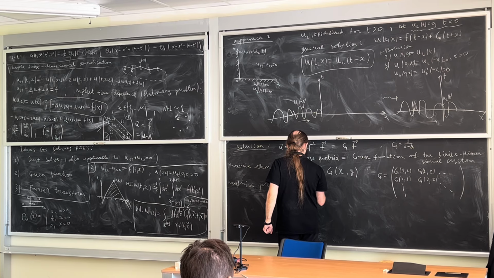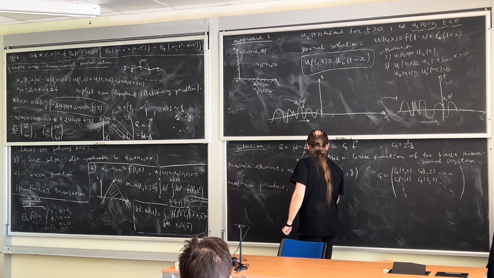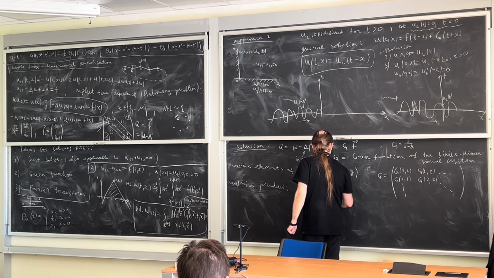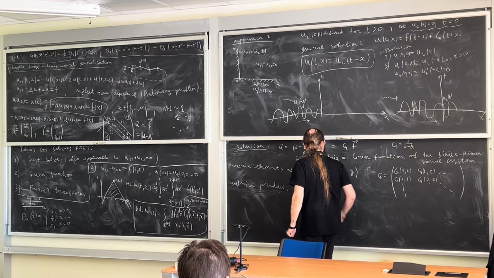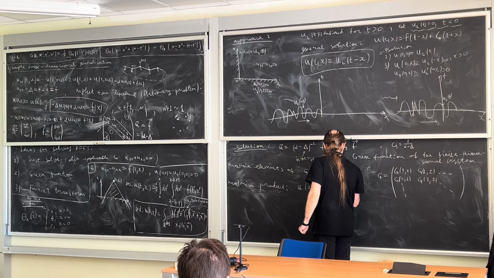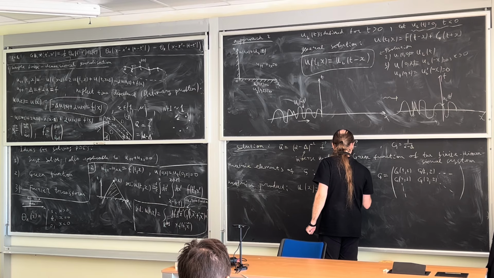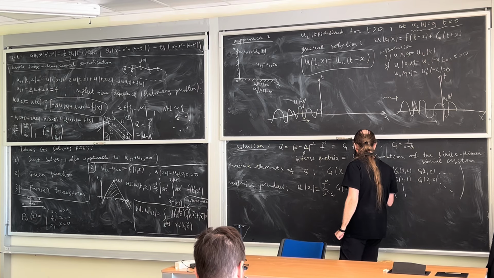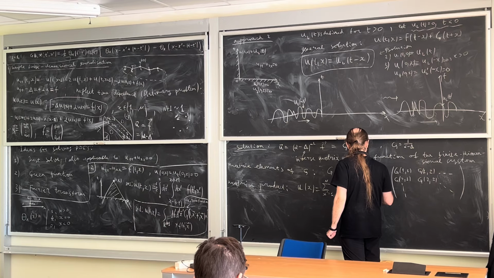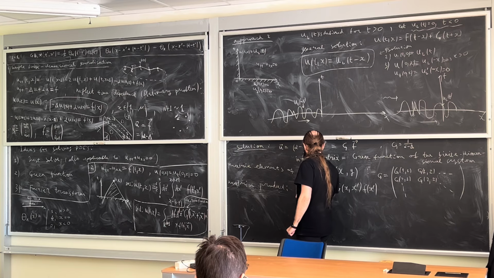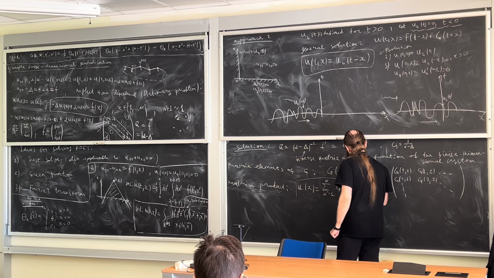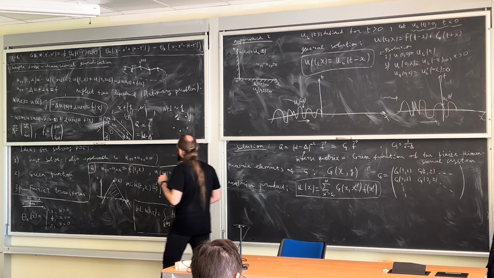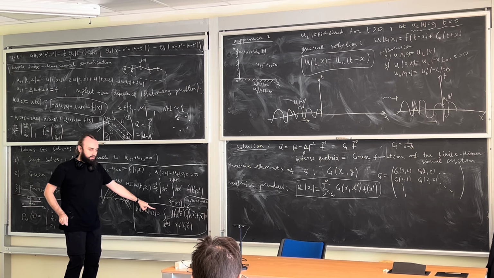U of x equals the sum over x prime from 1 to n of G of x, x prime times f of x prime. And this formula should be compared with this formula.